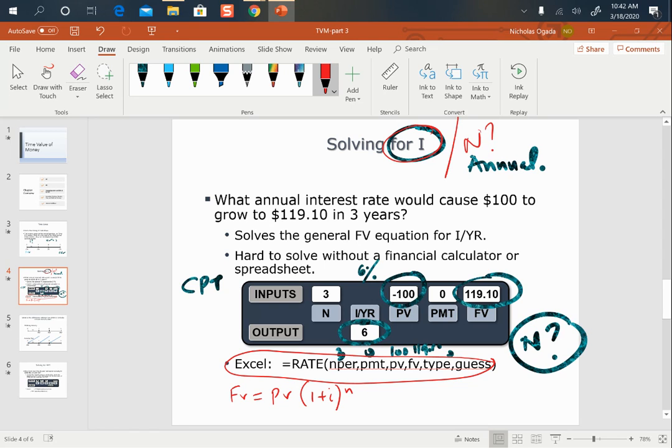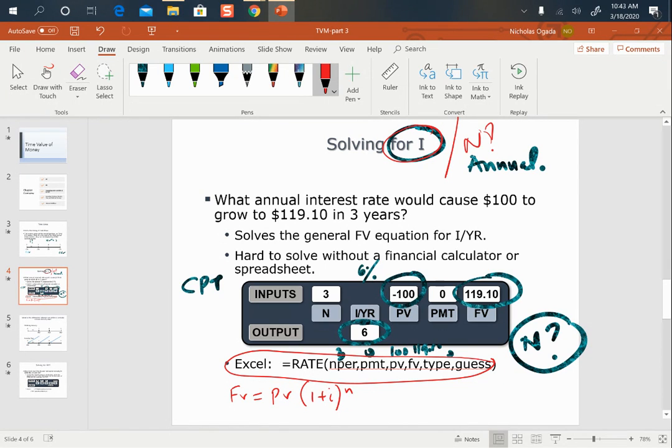And if you're looking for n, then you make n the subject in that formula. But again, it becomes a tedious process to derive what I or n is. I know n will be much easier, but I will be much more complex to determine using the formula.